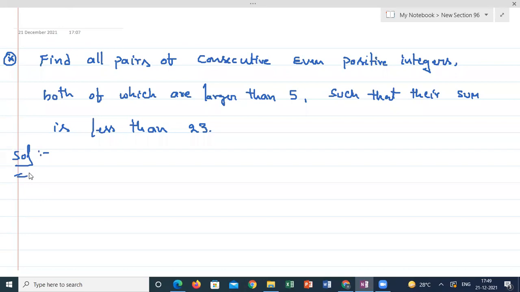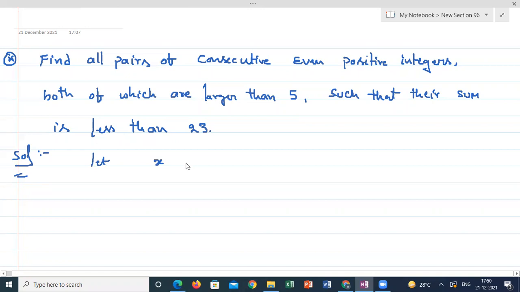First of all, framing the equation is important. Find all pairs of consecutive even positive integers. Any even positive integers, how do they look? Suppose I say x is one even integer, the next even integer is x plus 2. The difference between two successive even integers is 2. The same holds for successive odd integers. So let x be the smallest of the two consecutive even positive integers.